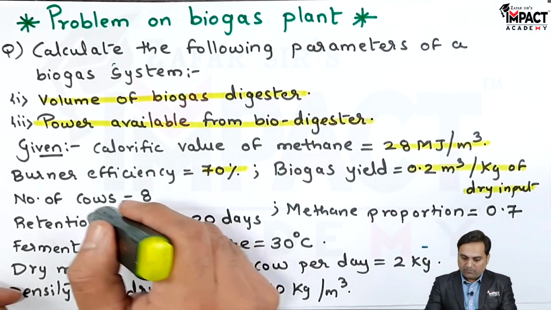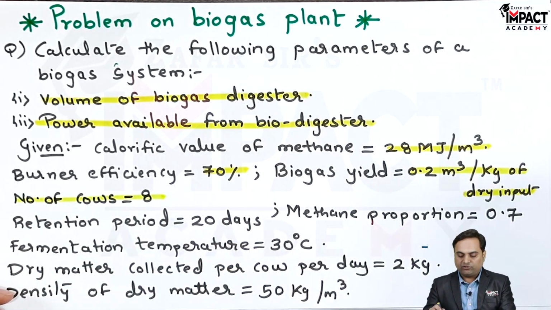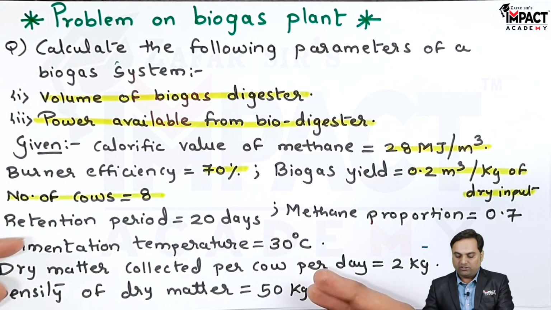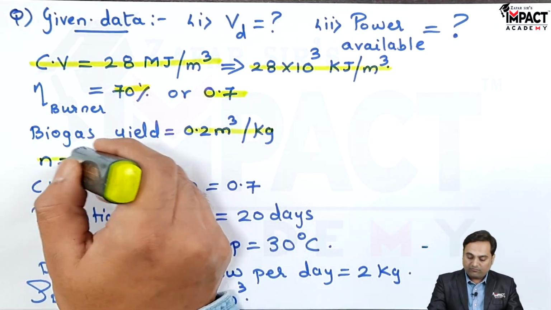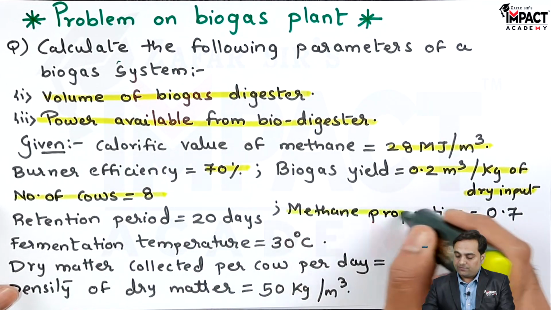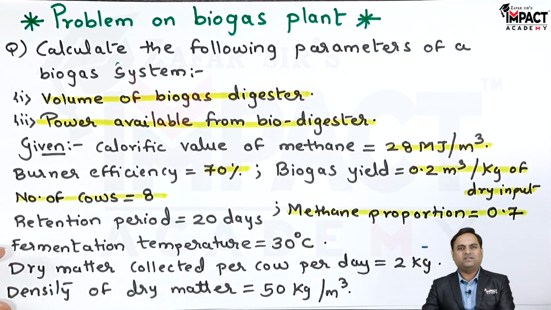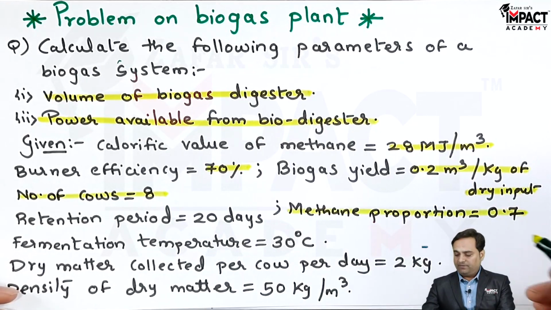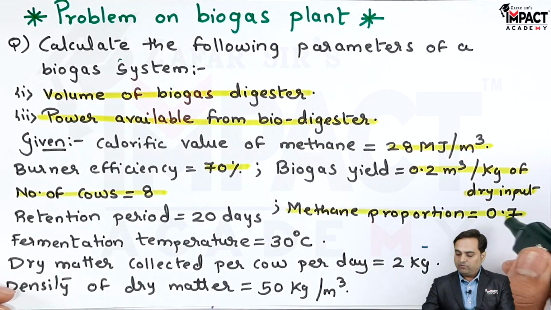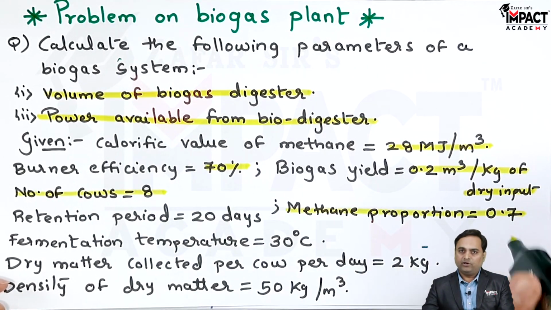Next, the number of cows, or the number of animals, required for this plant to produce the cow dung is 8. Next, methane proportion is 0.7. This biogas may contain some other gases as well, but the major proportion is methane, which is 70%, and this will be the burning fuel.